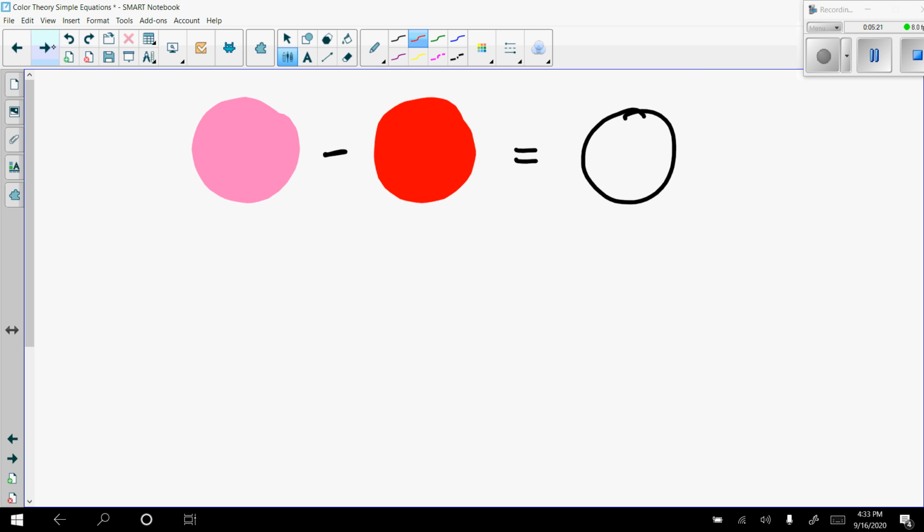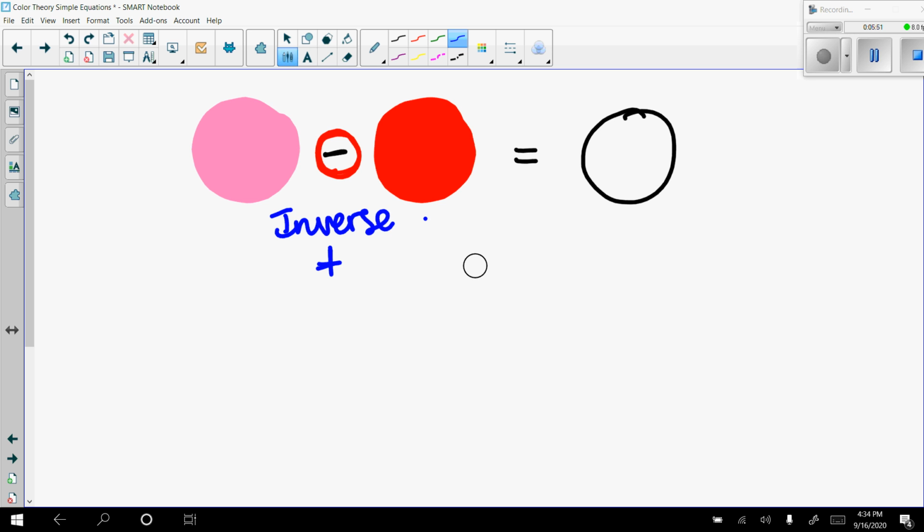Those were both examples where we were solving by subtraction because we had to subtract in order to get our variable by itself. Here we have a different kind of example where we have a different operation being done. Here we're taking away, we're subtracting from pink. And so if we use the inverse or the opposite of subtracting, we're going to have to add.